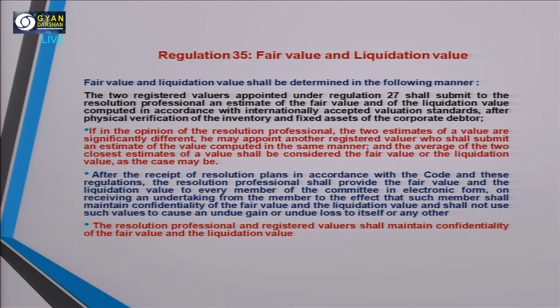A fair value is an arm's length price kind of concept, which states the price at which the asset would be exchanged between a buyer and a seller, where both the buyer and seller have complete knowledge about the market, they are willing to enter into a transaction, and there is no pressure on either one of them. The price at which the asset would be exchanged between the 2 parties in such a manner is what is identified as the fair value.